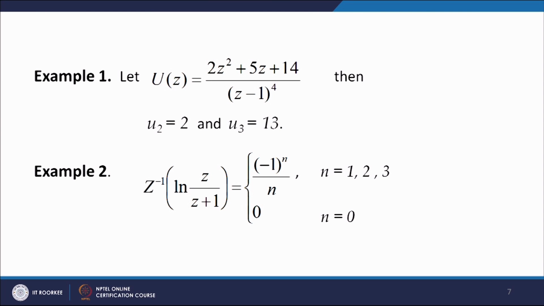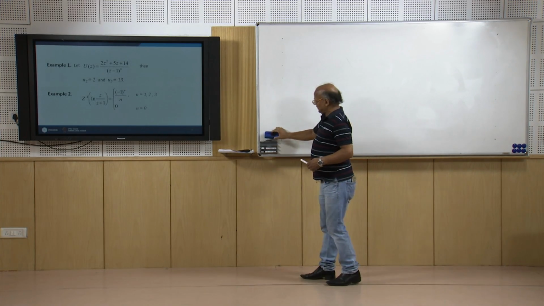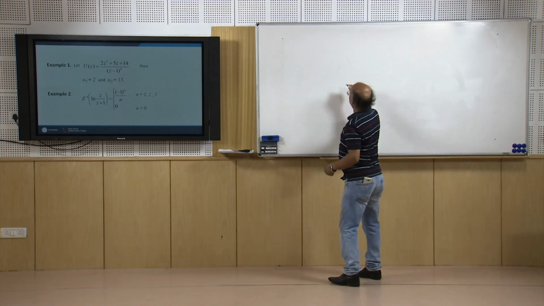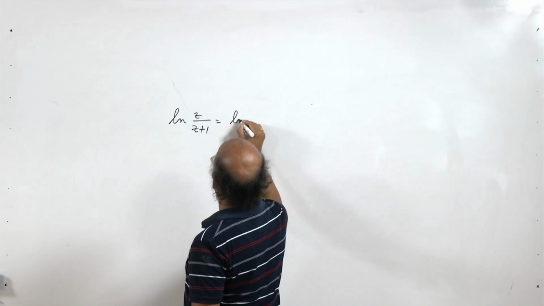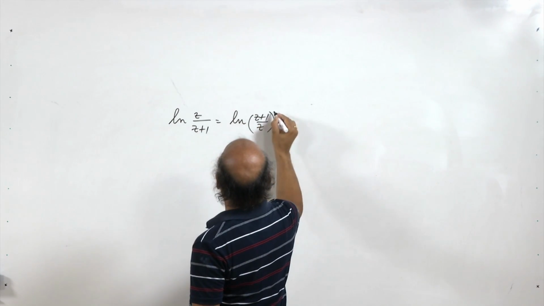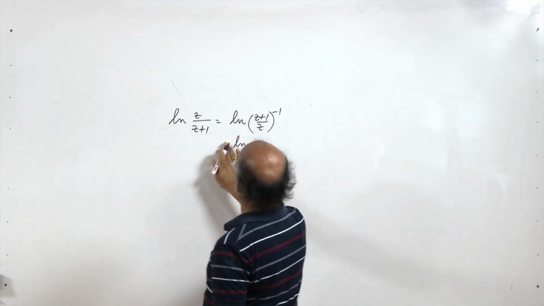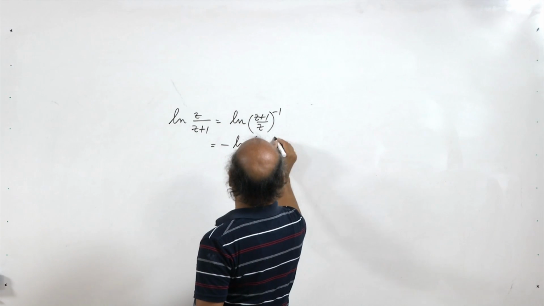Let us find the inverse z transform of ln z over z plus 1. So, we shall apply the power series method to determine the inverse z transform. Let us see, ln z over z plus 1 is equal to ln of z plus 1 over z to the power minus 1, and this is minus ln 1 plus 1 by z.